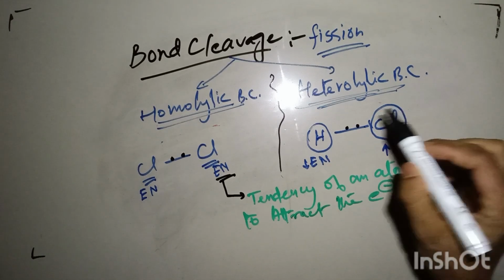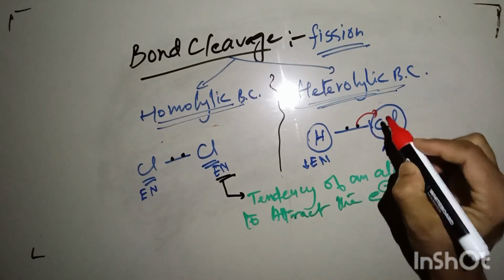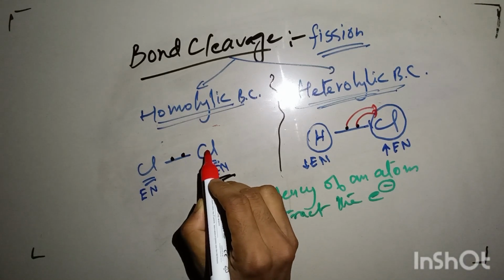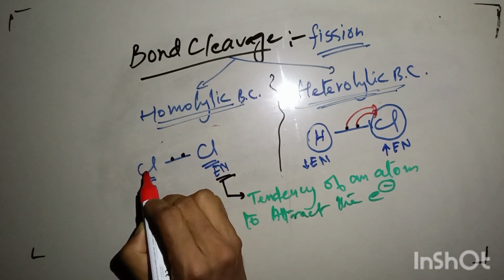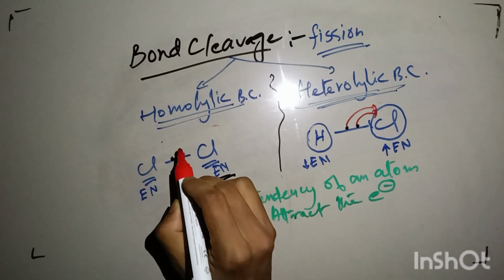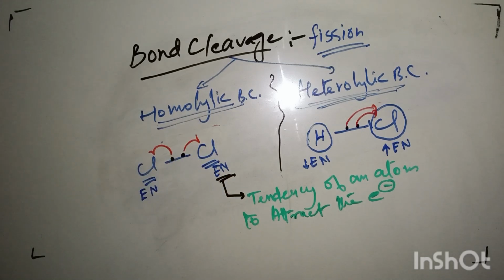This chlorine has more tendency to attract the electron, so it will attract both the electrons. But here this chlorine has the same electron attracting tendency as the other chlorine, so both will divide the electrons and each will take one electron.